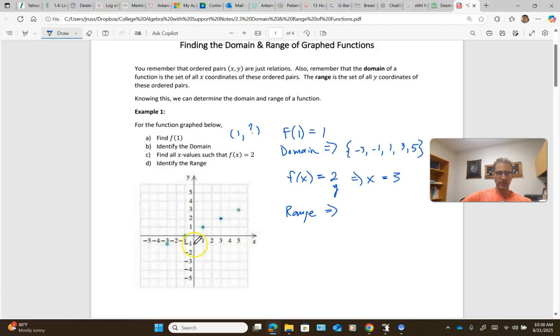So the y-coordinate of this point is -1. This point has a y-coordinate of 0, and then 1, and then 2, and then 3. Okay, so I can list them again. The range is going to be this set of numbers: -1, 0, 1, 2, and 3.